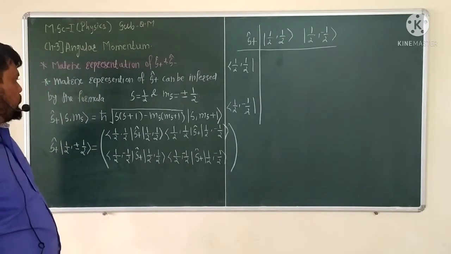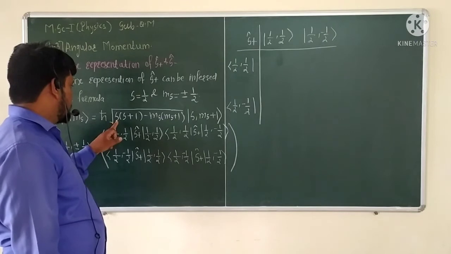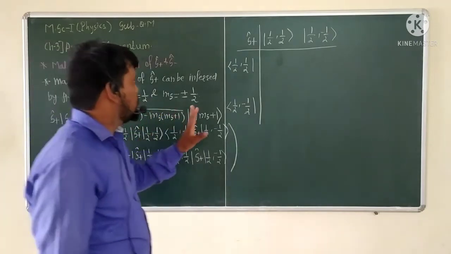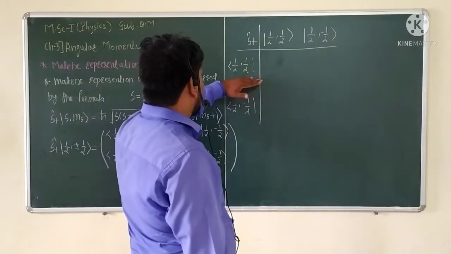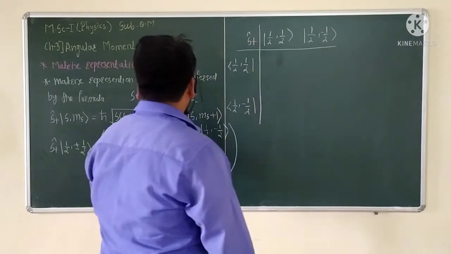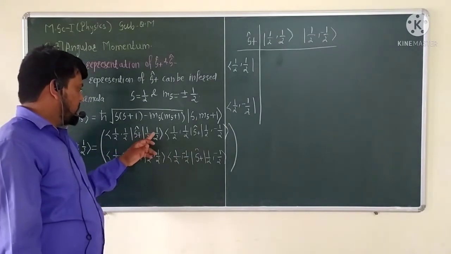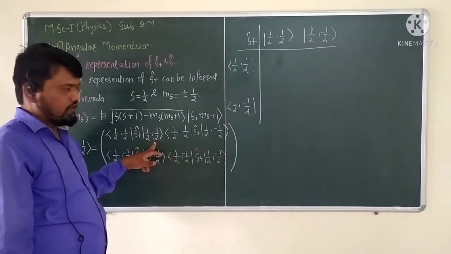If we put the S value as half, we have to see the combination of the bra of half, with the S plus operator operating on the ket of half, where the spin value is half and the ms value is half.